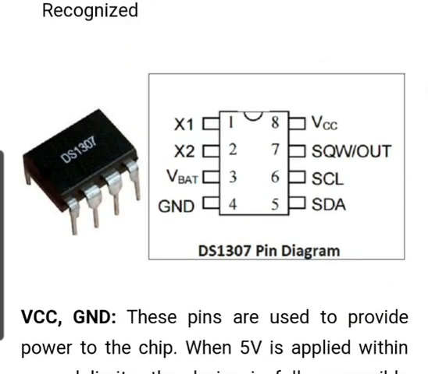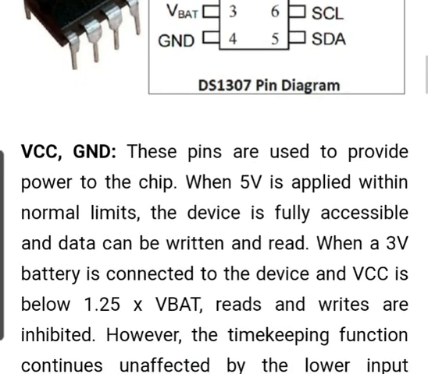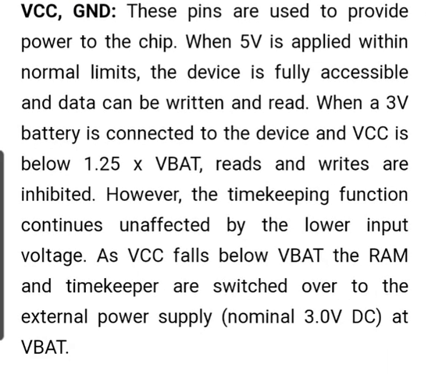Now here is the DS1307 pin diagram. It is an 8 pin IC. The VCC and ground pins provide power to the chip. When 5 volts is applied within the normal limits, the device is fully accessible and data can be written and read.